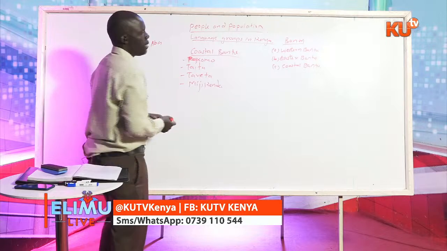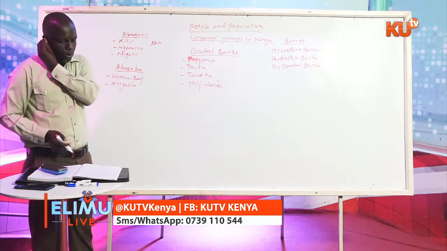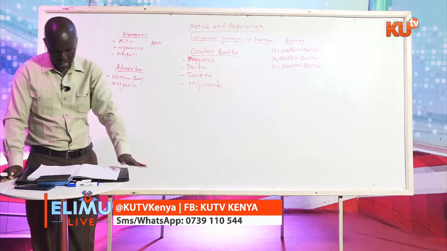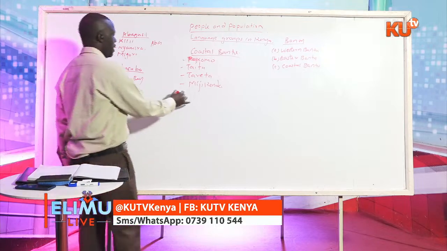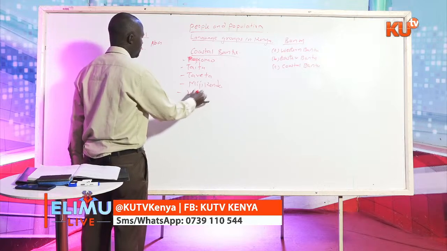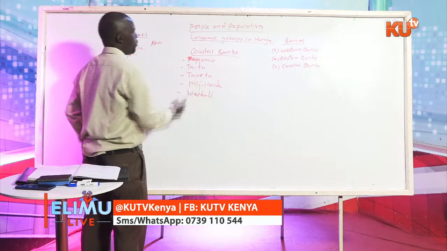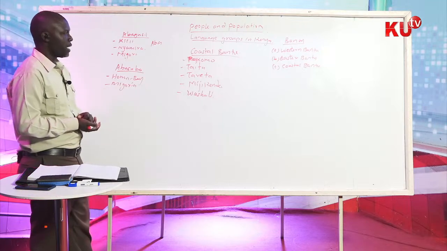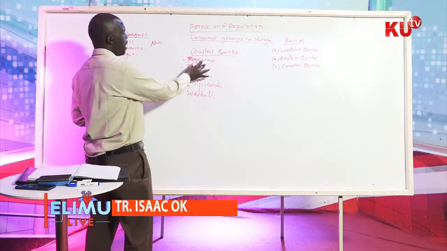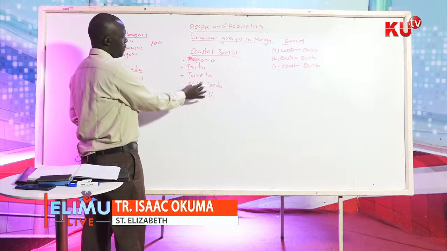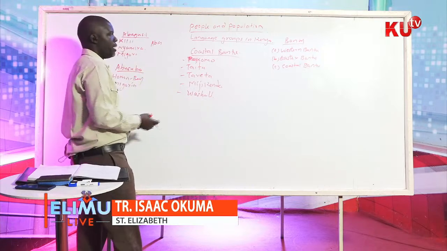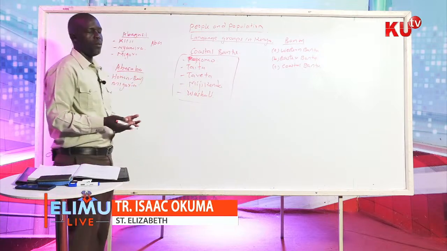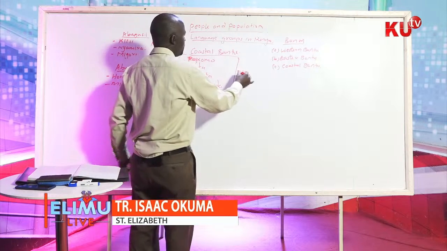So these ones are Coastal Bantus, and they are Coastal Bantus because these people live in the coastal region of Kenya. Also we have the Waswahili. So we have the Pokomo, Taita, Taveta, Mijikenda, and then the Swahili. These ones make up what we call the Coastal Bantu. So where are they found? These people live in Mombasa County.